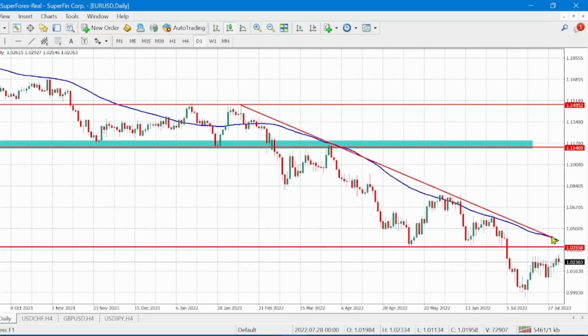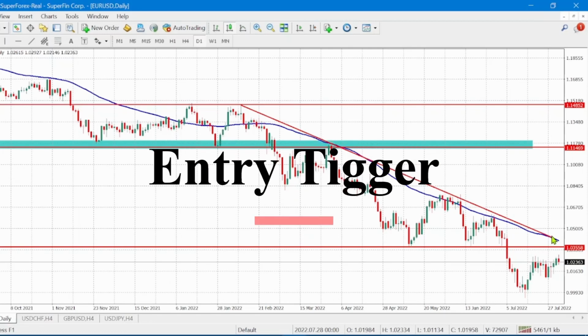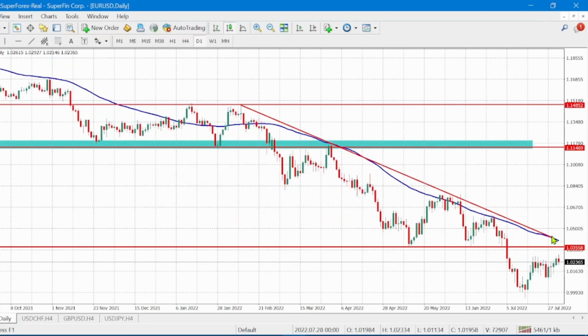The third thing that we shall be looking at is entry trigger. This is where you shall be placing your trade. After identifying the area of value, now this is a point where you enter the market. Let me show you common entry trigger that we can use.